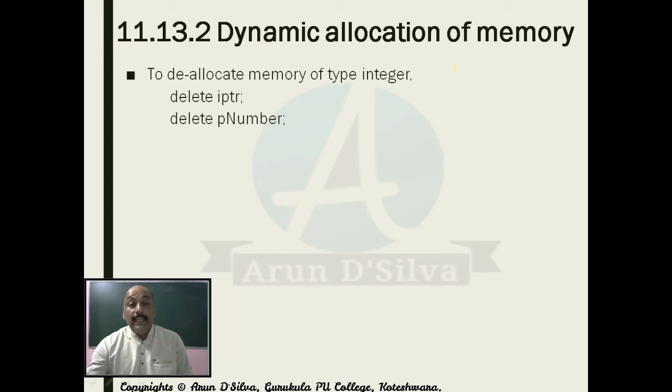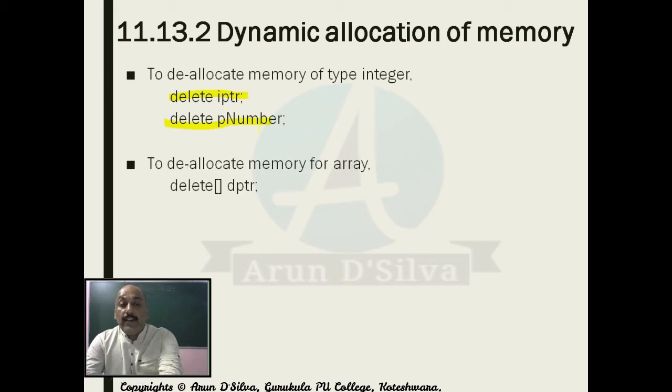While creating I used iptr, so just make use of delete iptr. It releases the blocked location for iptr. Similarly, delete pnumber. For a normal variable, just use delete and then the variable name. It will deallocate the memory.